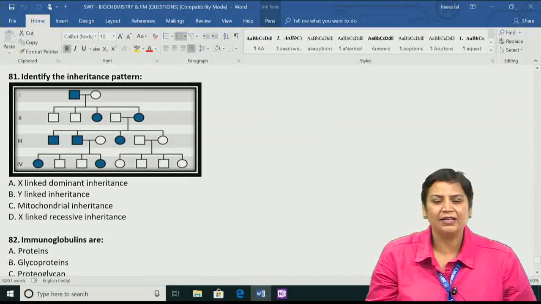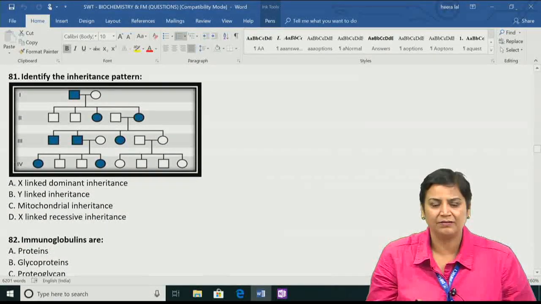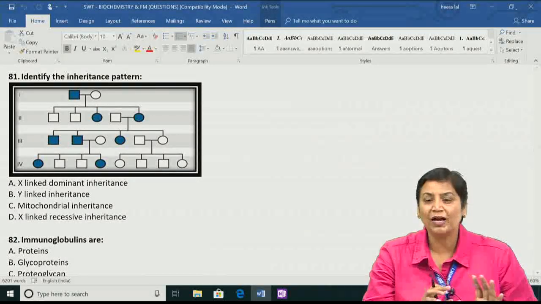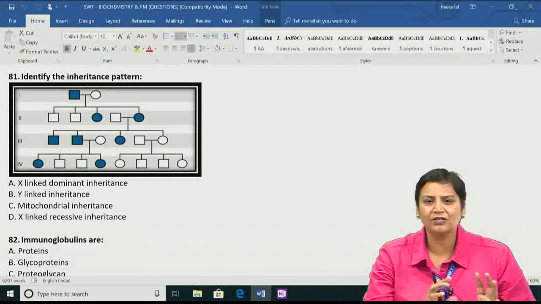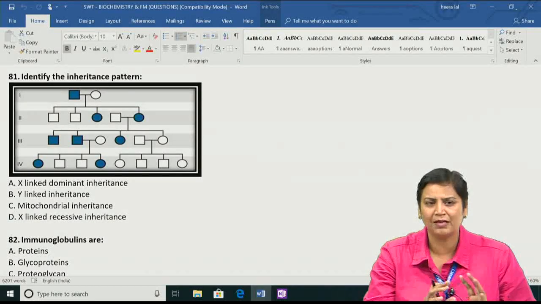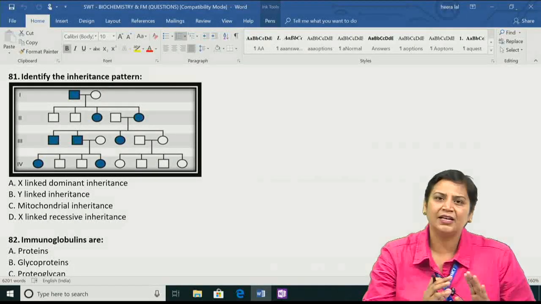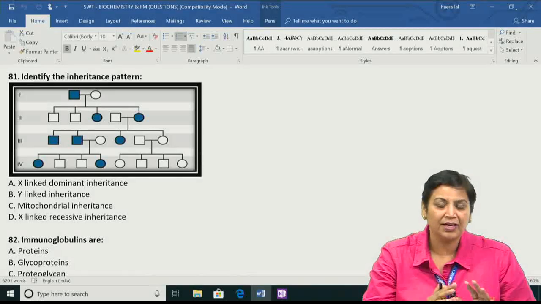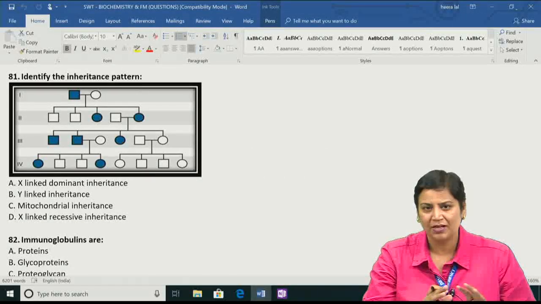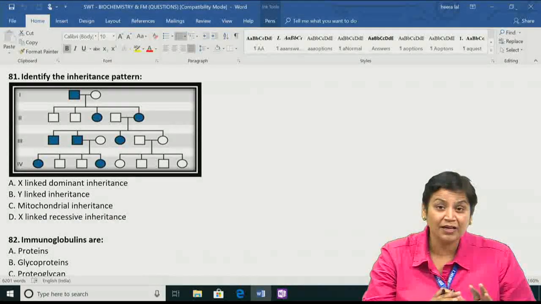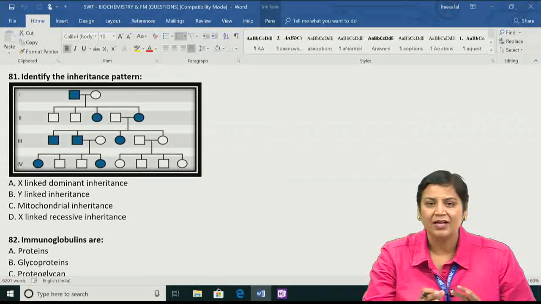Then 81, identify the inheritance pattern. First of all, there are so many different patterns of inheritance. It can be autosomal dominant, autosomal recessive, X-linked dominant, X-linked recessive, or mitochondrial inheritance also.